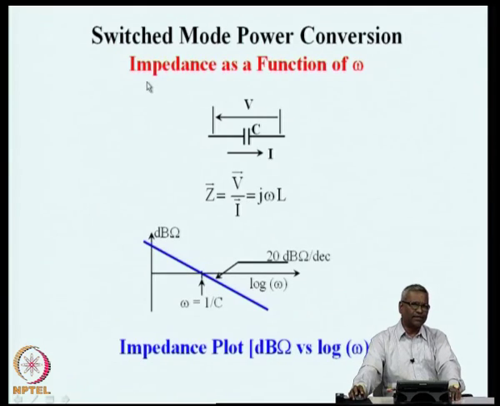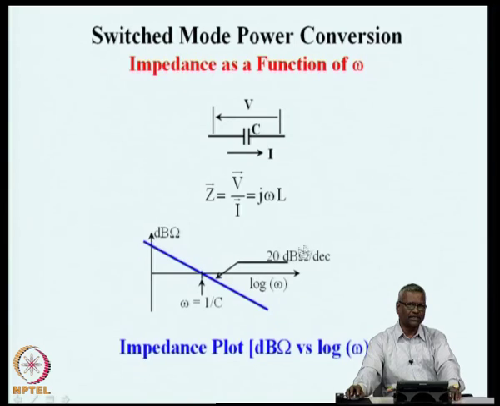Just as in the case of an inductance, a capacitance also can be seen as an impedance, and we see that the capacitive impedance V by I must be 1 by j omega C. Okay, this is not j omega L, it must be 1 by j omega C, and as a function of frequency, the impedance keeps dropping.